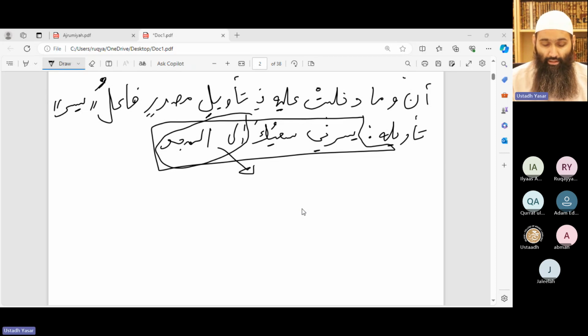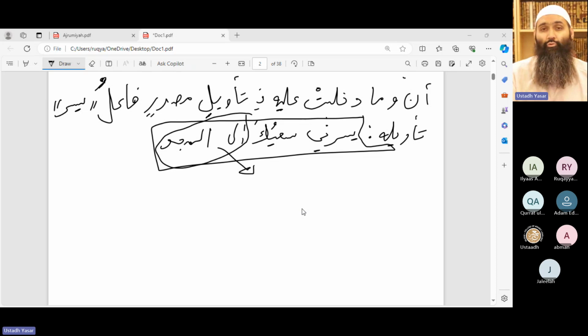So alayhi, so yeah, I hope that's clear. Alayhi akifina. Yani to it they are devout. So alayhi is actually connected to akifina.